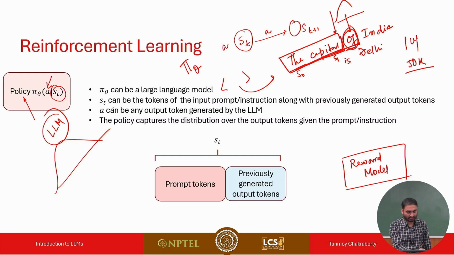What is S_t? As I mentioned, S_t can be the tokens of the input prompt instructions along with the previously generated output tokens, right? Let's say this is the prompt: what is the capital of India, and you have generated till this part.